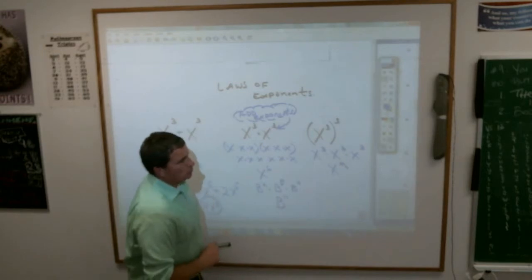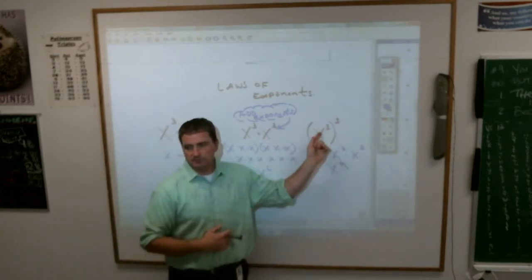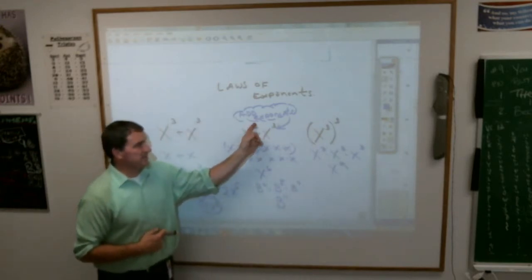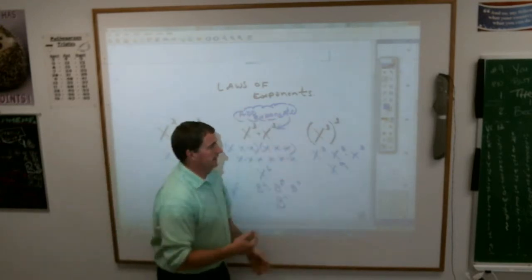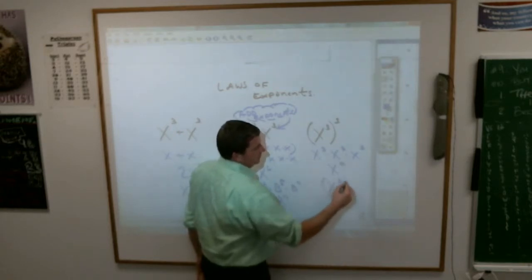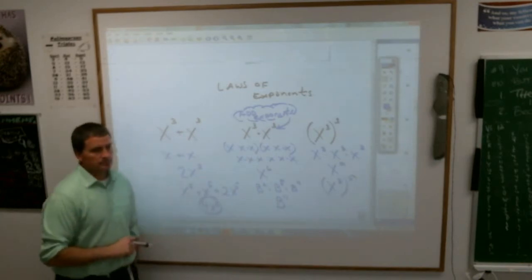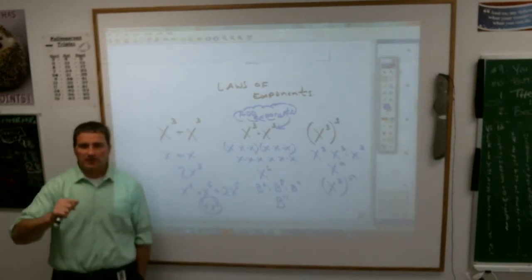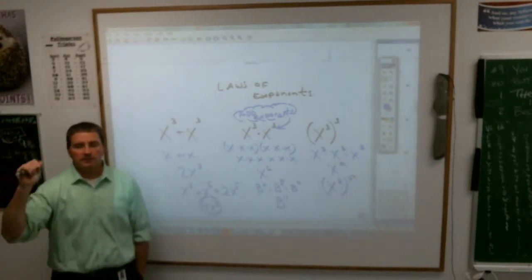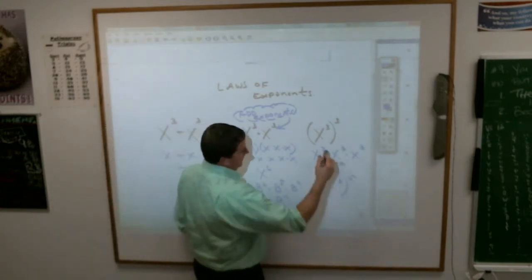So what is the rule, would you suppose, when you have an exponent to an exponent? In this case, I added exponents. Like if I had x to the 8th power to the 5th power, I have x to the 8th times x to the 8th times x to the 8th times x to the 8th times x to the 8th. Maggie, the answer is correct.